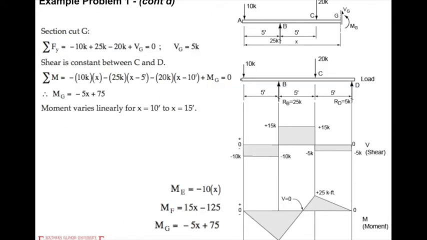And similarly for the moment diagram, the M diagram, the first one is minus 10x, because we have a moment applied downwards, and if we have a cut here, the deflection of the AB segment should be like this.